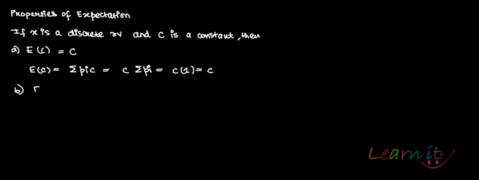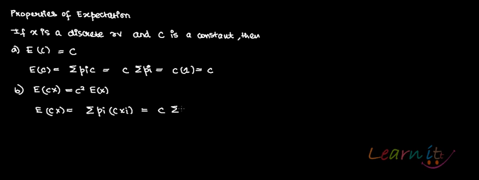Then in case you write what is E of cx, it should be equal to c E of x. So how do you do this? E of cx should be equal to summation of pi c xi. c will come out.